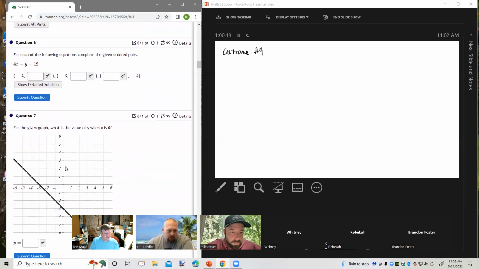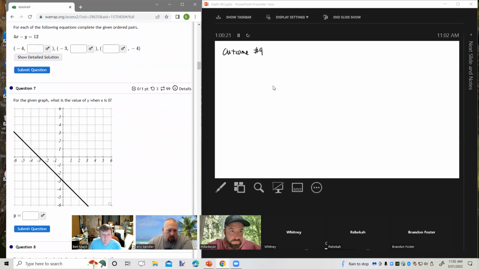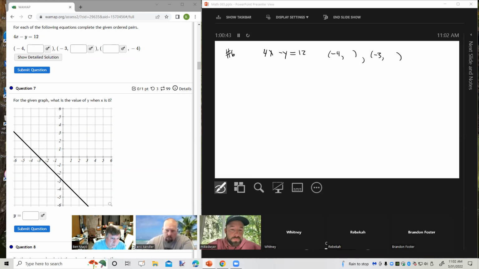Problem number 6. For each of the following equations, complete the given ordered pairs. 4x minus y equals 12. All right, so first of all, we've got x is -4. Then we've got x is -3.